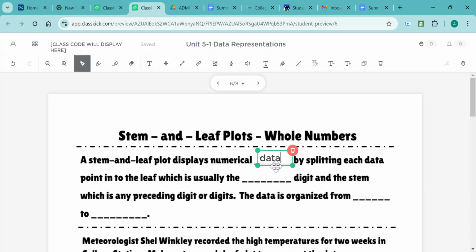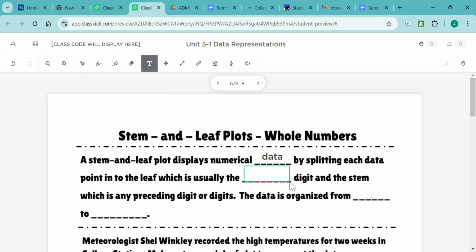Now, what it does with this data is it splits each data point, or each number, into two parts: a leaf, which is usually going to be the last digit of the number, and then the stem, which is any numbers before the last one.